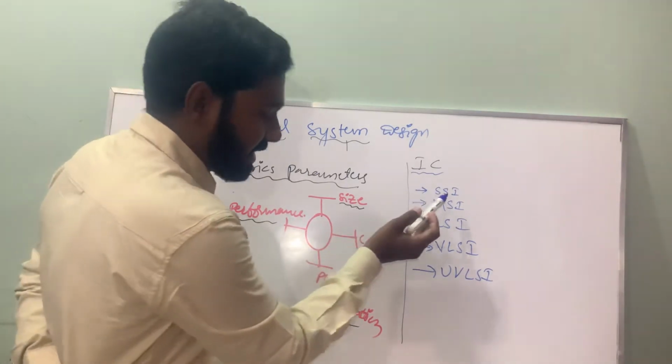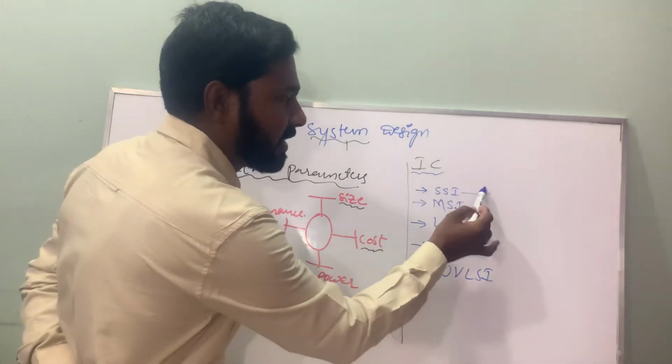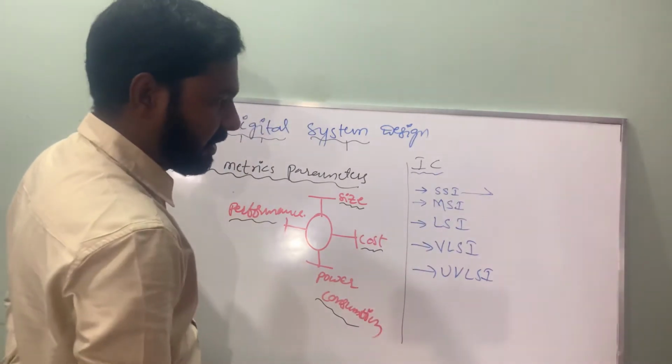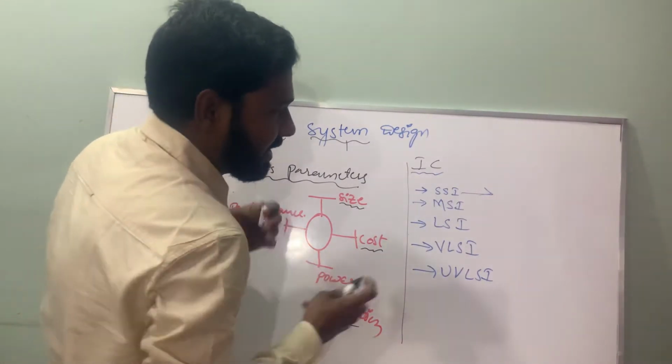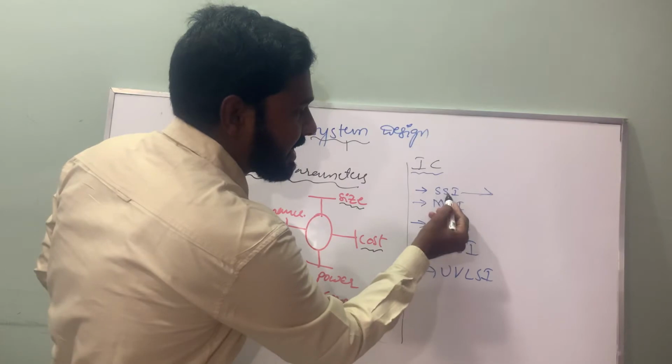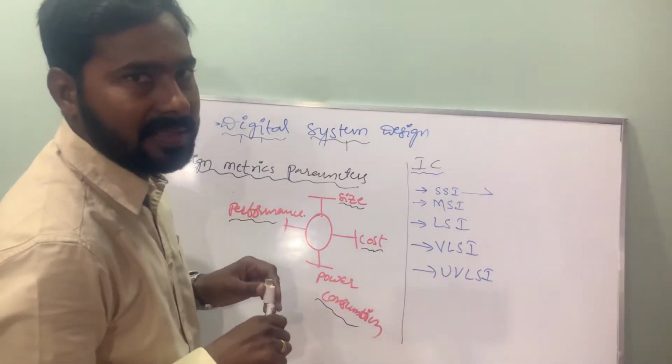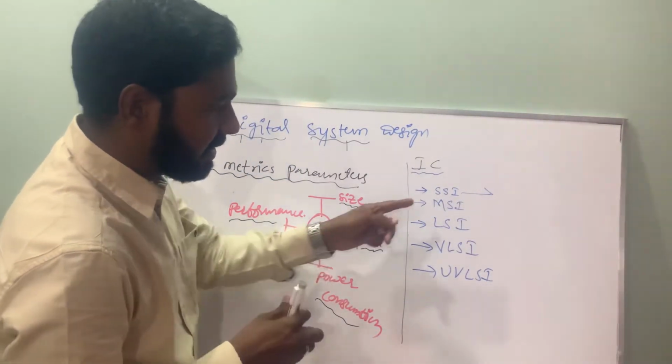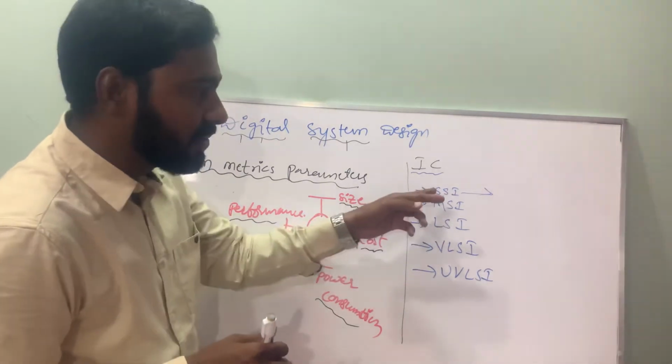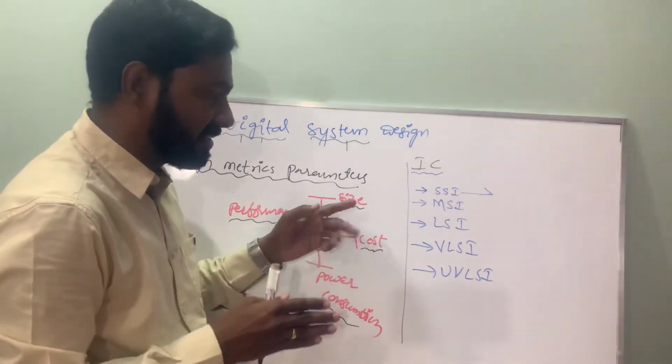SSI is the first generation for the fabrication of the IC. SSI means small scale integration. In this case, the IC size is large.